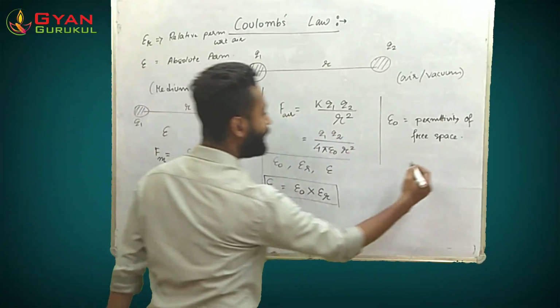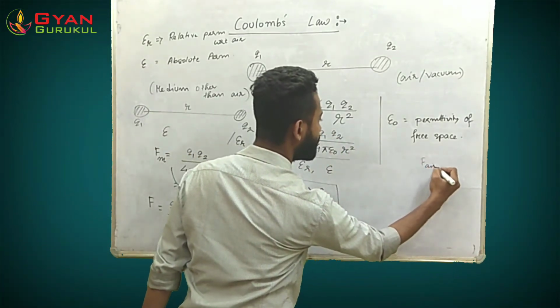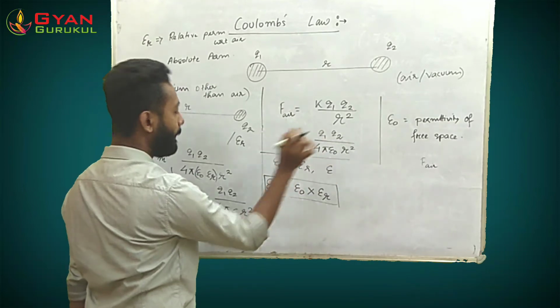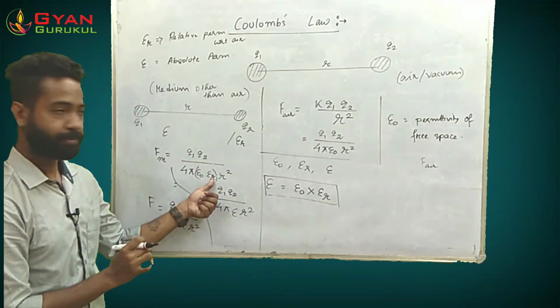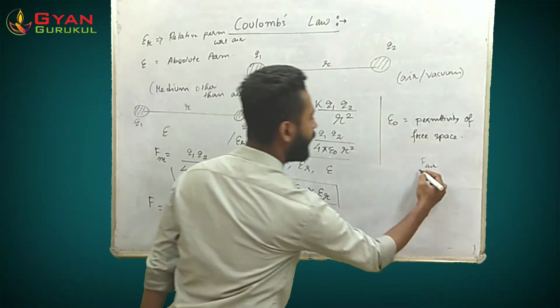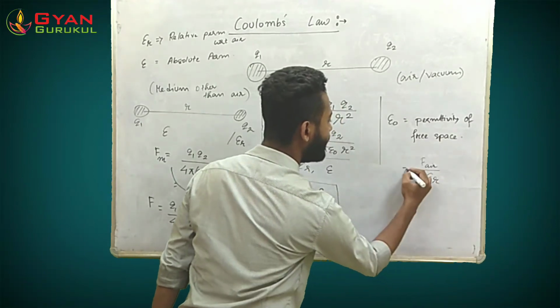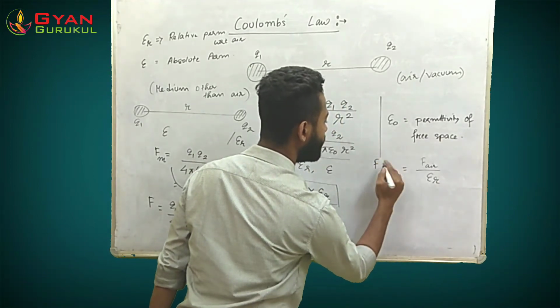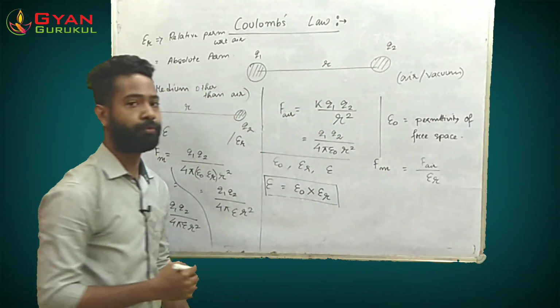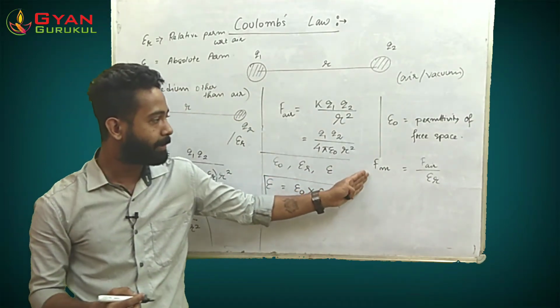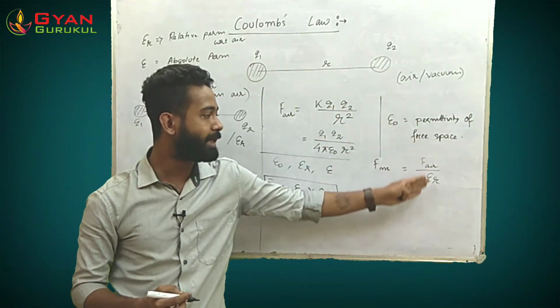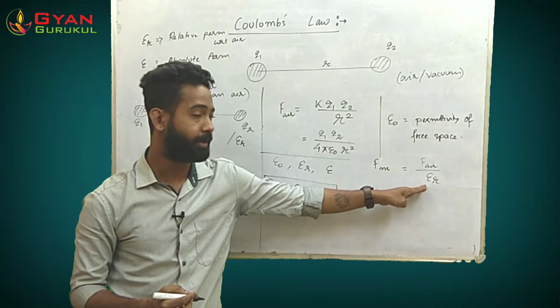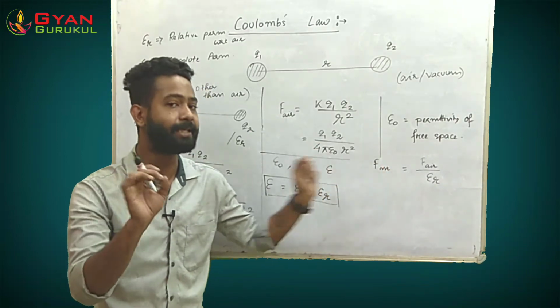If I divide F air, the force in the medium air or vacuum, by epsilon r, we get the force in the medium. So the force in the medium is given by the force in vacuum or air divided by the relative permittivity. So actually the force decreases.